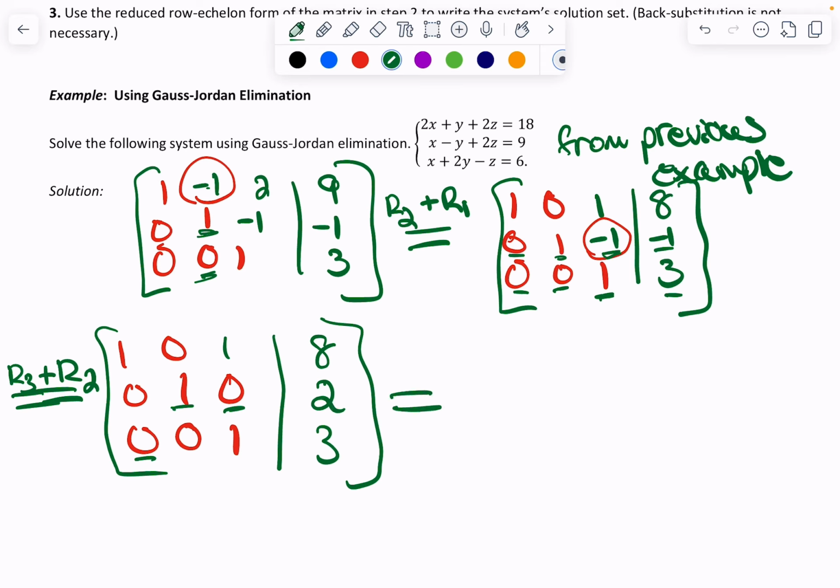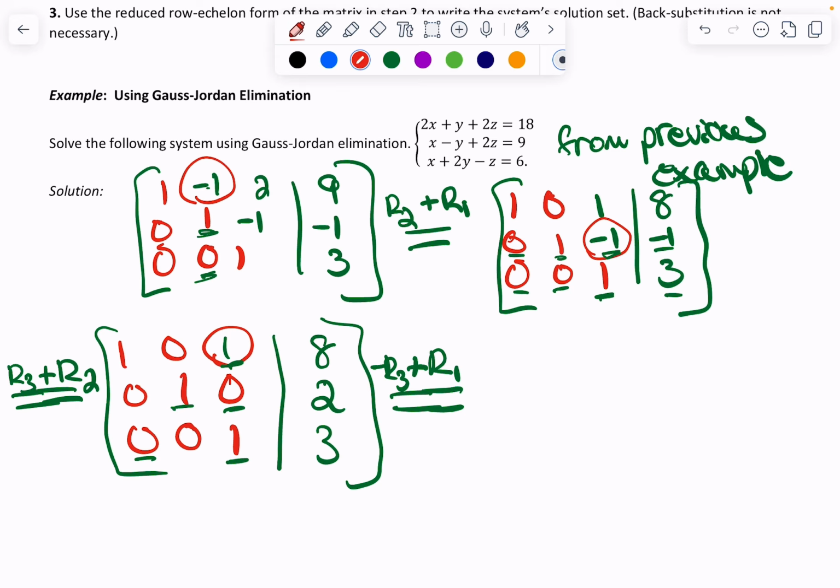Okay, we've got one more here. This right here that we want to get rid of. So it'll be row 1. And again, since we want it to become a 0, we are adding. Well, here we have a 1. So we can take the negative row 3. So negative 1 times row 3 and add it to the 1, and we'll get a 0.